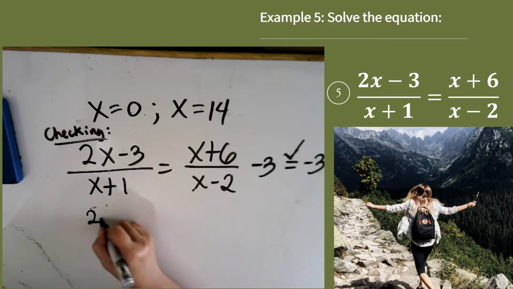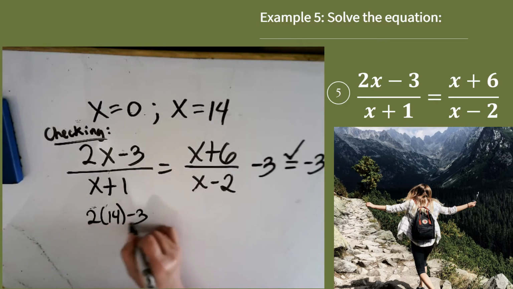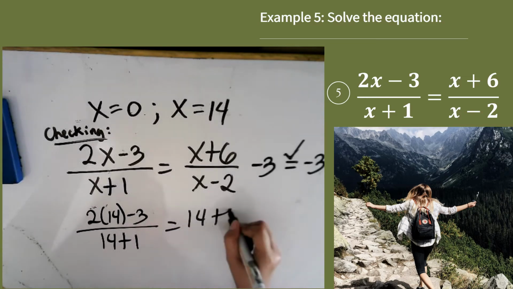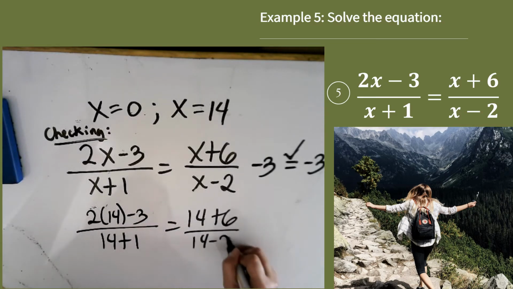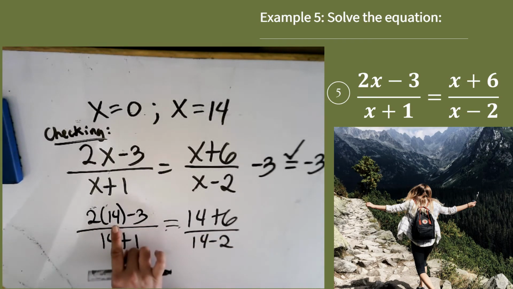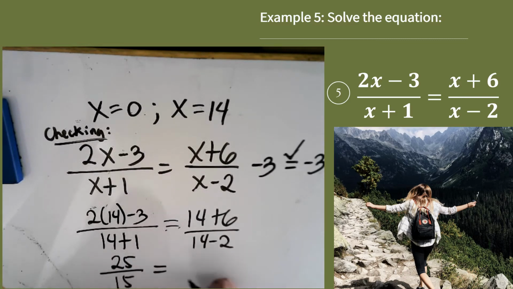So 2 times 14 minus 3 over 14 plus 1 equals 14 plus 6 over 14 minus 2. There. So 2 times 14 is 28 minus 3 is 25. And then on the denominator, 14 plus 1 is 15. On the right side, 14 plus 6 is 20 over 14 minus 2 is 12.